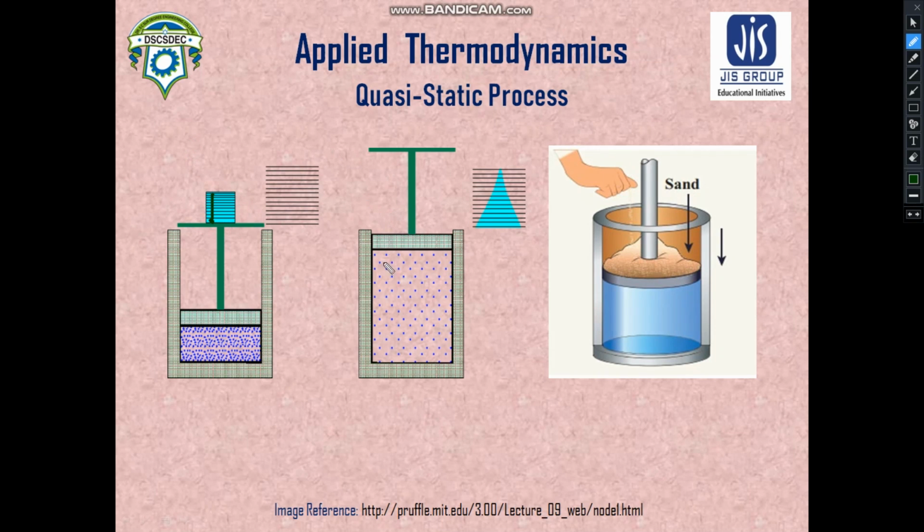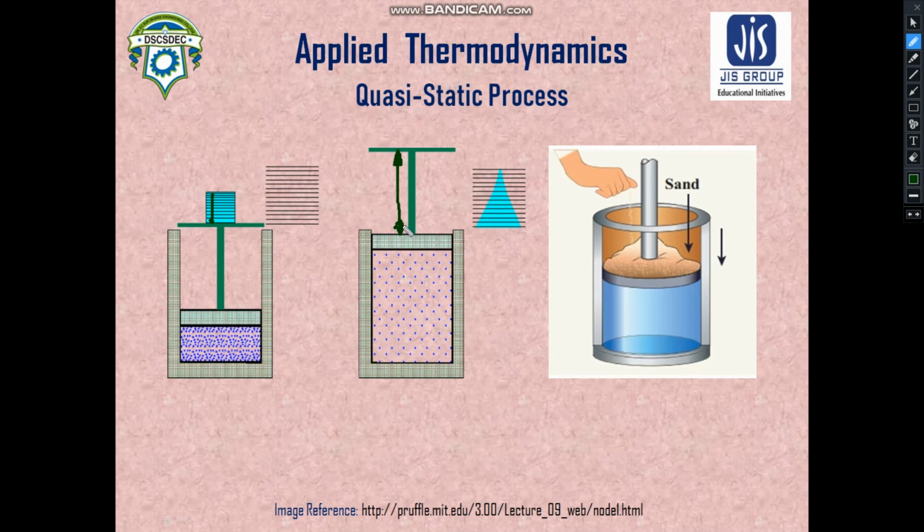The change observed by the piston will be quite slow. As we increase the number of weights, the change becomes slow.